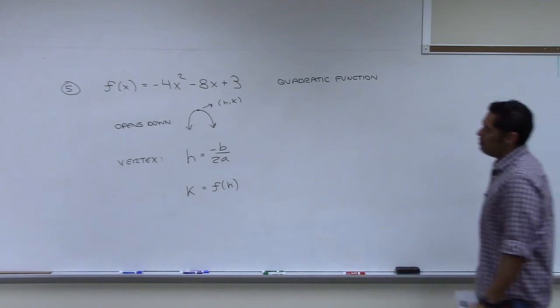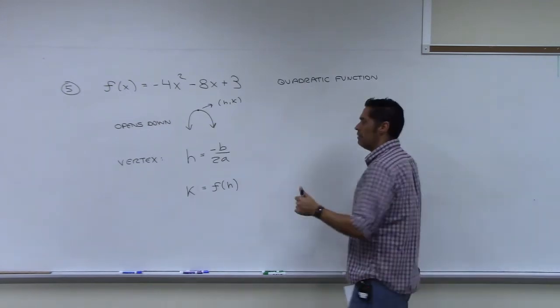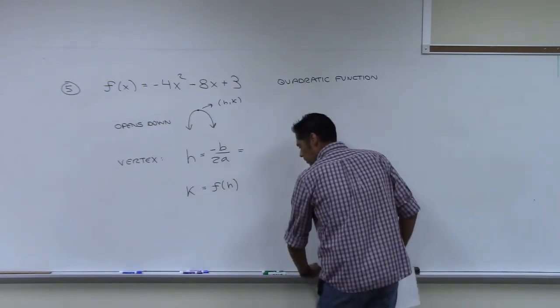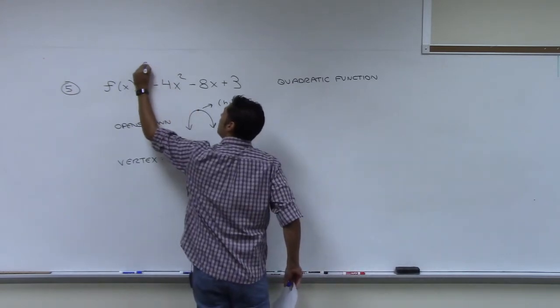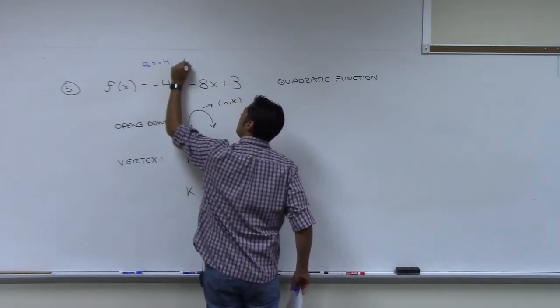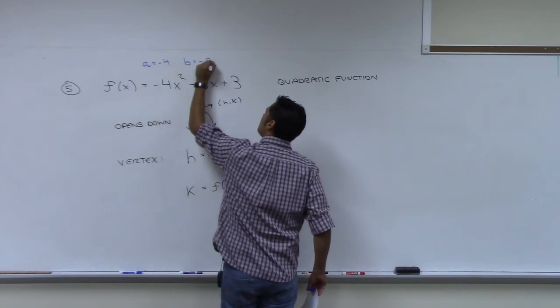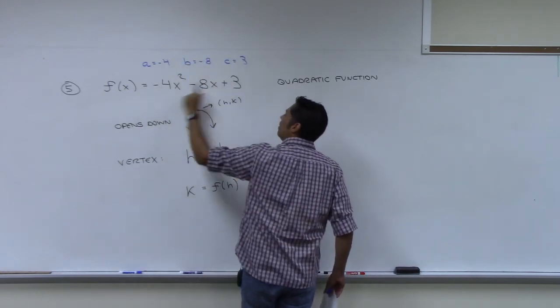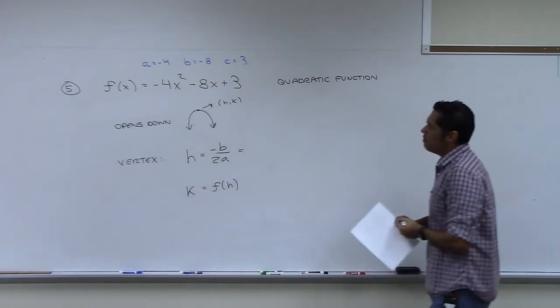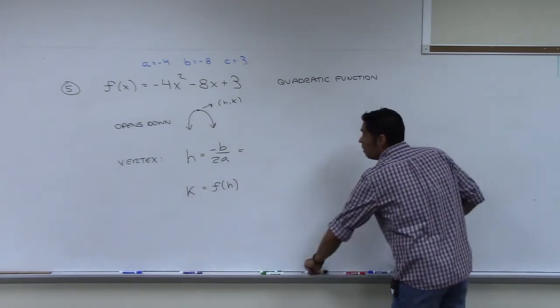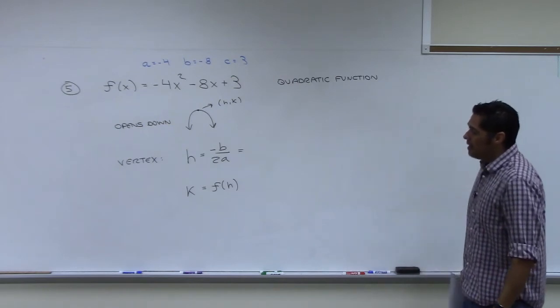So for us, what is b in this problem? Maybe I should put that up here. What's a here? Negative 4. What's b? Negative 8. And what's c? Positive 3. So I'm going negative 4, negative 8, and positive 3. So in this formula, what's negative b?